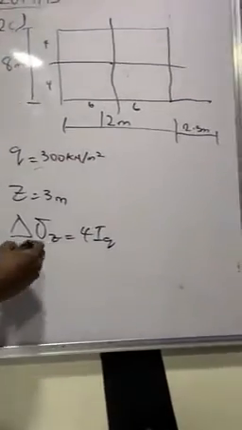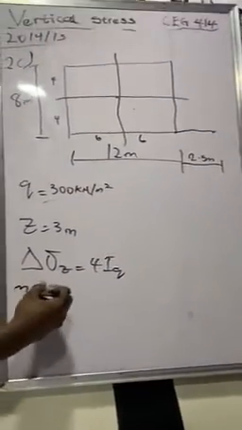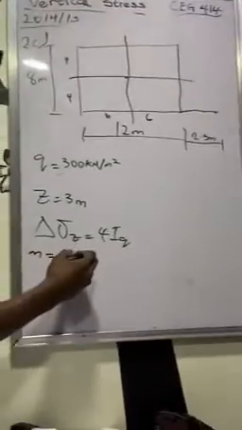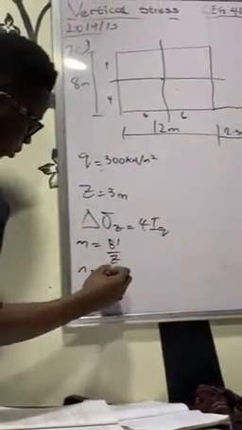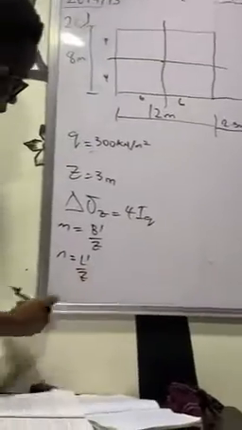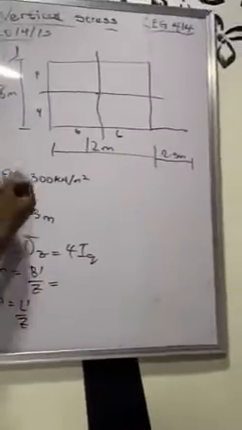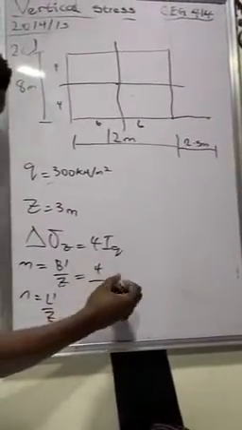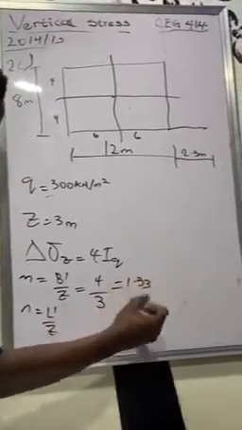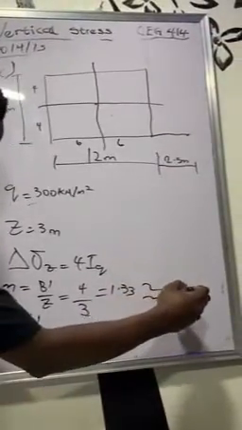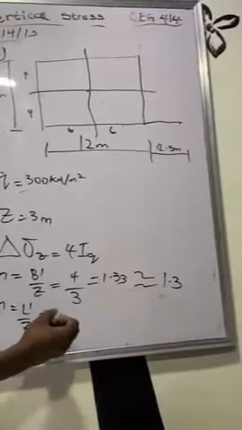So to get I, we know we have M and N. Our M is equal to B prime over Z, and our N is equal to L prime over Z. So let's say our B prime is 4 divided by 3. We should get 1.33, but let me use 1.3.